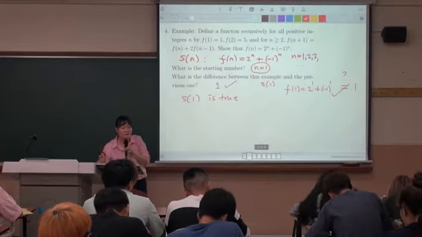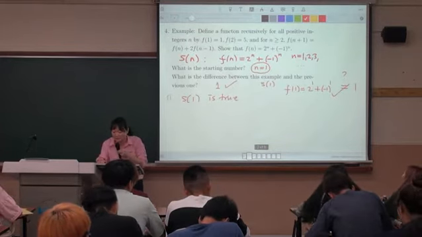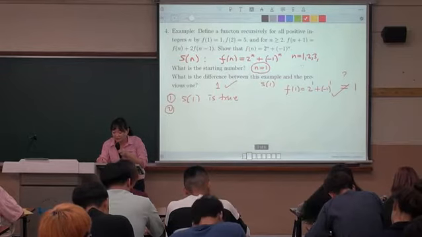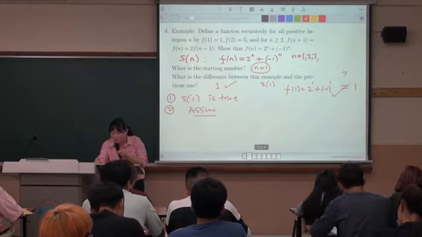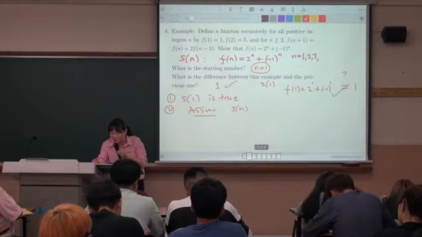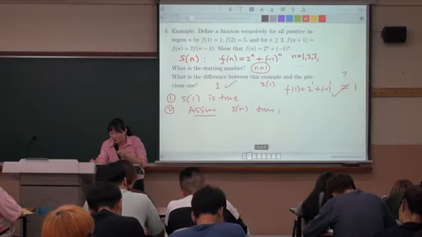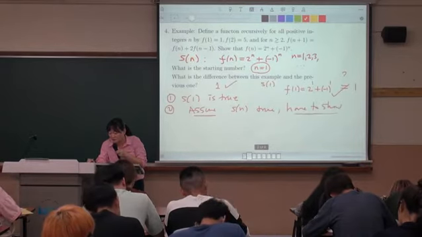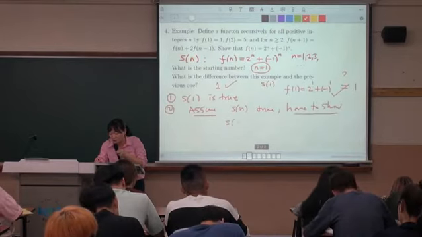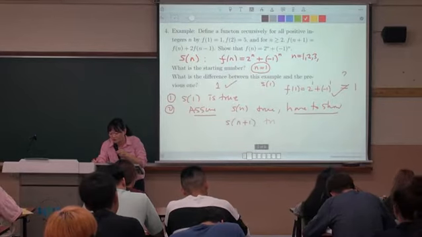Fine. And then what's the next step? So we assume Sn is true, and we have to show that Sn plus 1 is true.